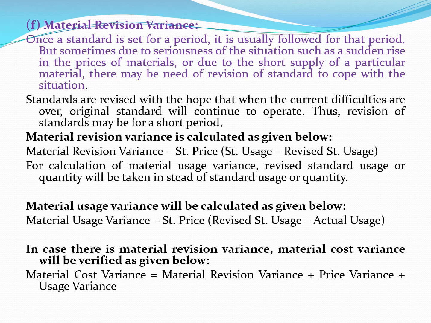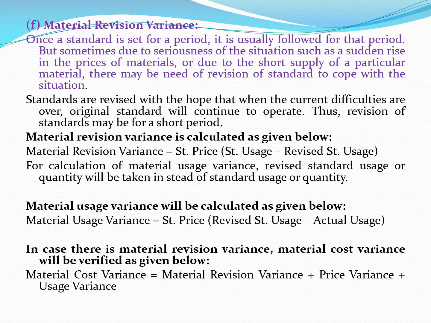Material revision variance is calculated like this: material revision variance equals standard price multiplied with the difference between the standard usage and the revised standard usage. For calculation of material usage variance, revised standard usage or quantity will be taken instead of standard usage or quantity.